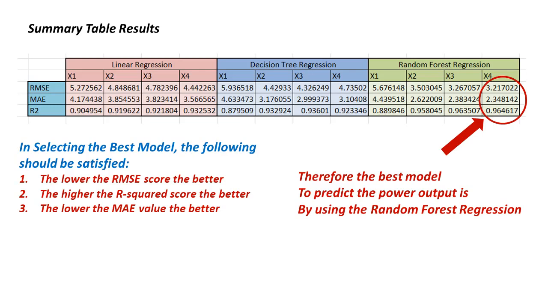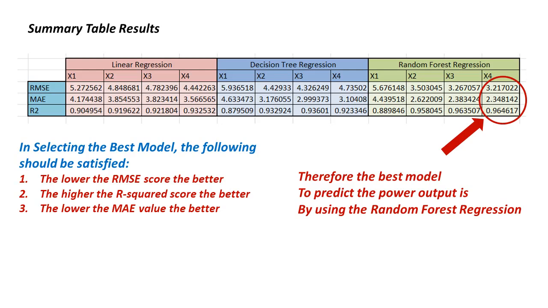One of the criteria in selecting the best model, upon compiling a summary of all the regression classes that we use, the different features, and the different performance parameters to validate the model, is that the lower the RMSE score, the better; the higher the R squared score, the better; and the lower the MAE value, the better.